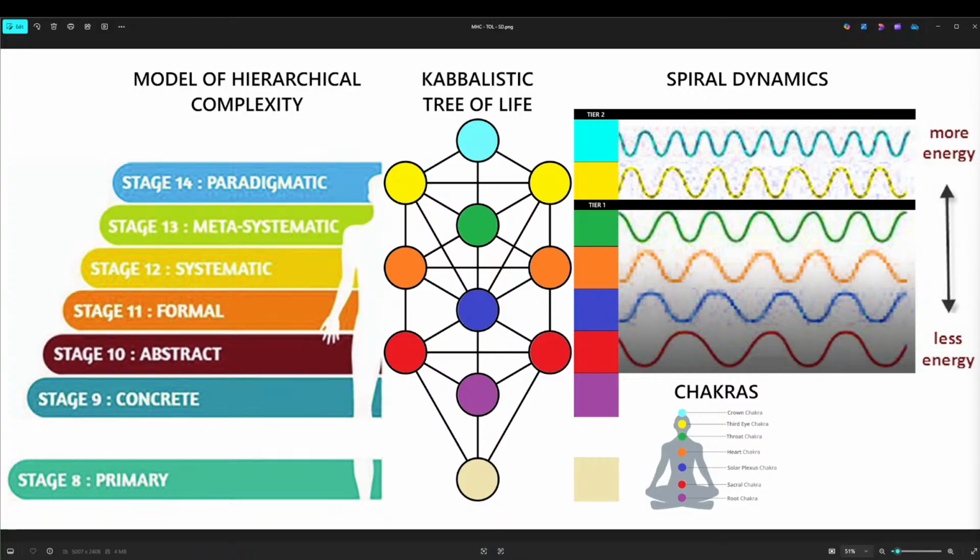But yeah, once you get to enough energy, so to speak, on stage yellow, then at least for me, that was when I activated my pineal gland, or my third eye. So yeah, that was pretty much what did it for me.